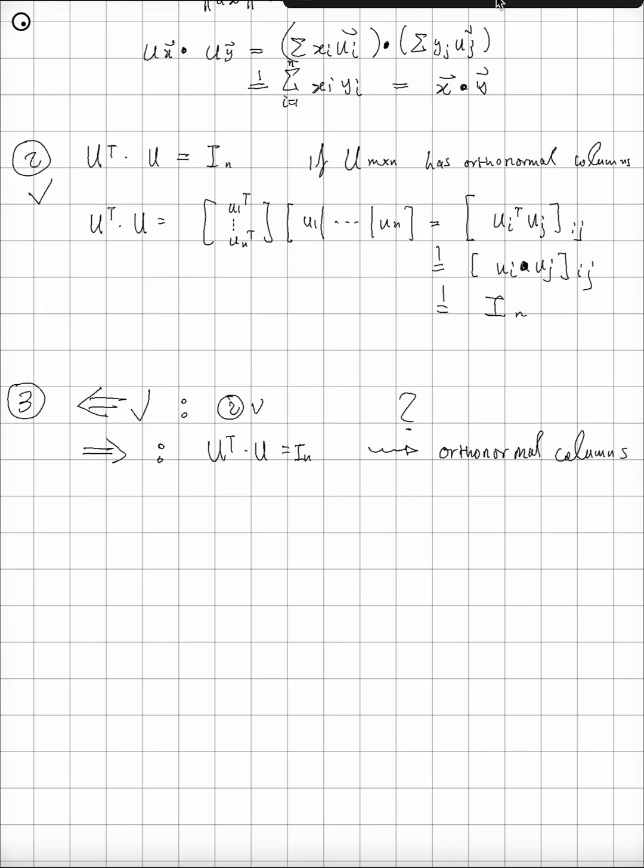The answer is yes, because again, by the same description, this is just your i's column dot product with your j's column, denoted as your ij entry. So if this equals In, this is equivalent to telling you ui dot uj equals 0 if i is different from j, right?